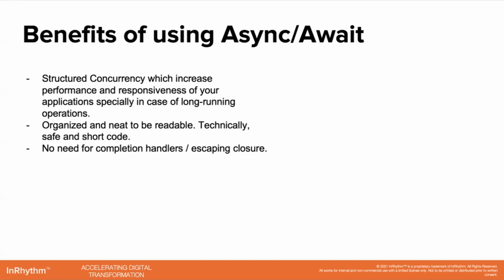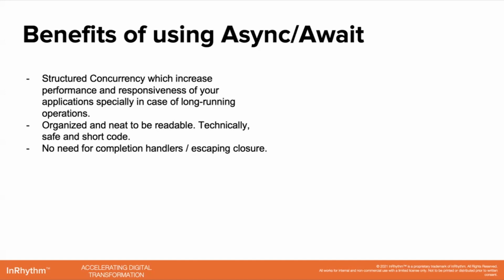The code is organized, neat, and readable: very clean, very short, and very safe. No need for completion handlers. That's a big thing. With async await, we don't need completion handlers or escaping closures. Let me give you an overview of completion handlers. Previously, when we were performing any asynchronous tasks before async await, we did that in the form of a completion handler.